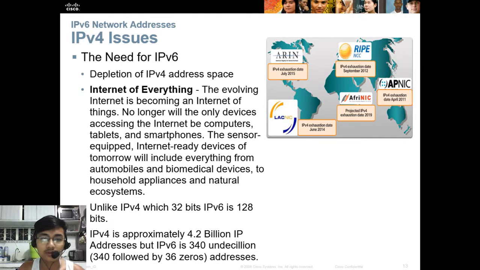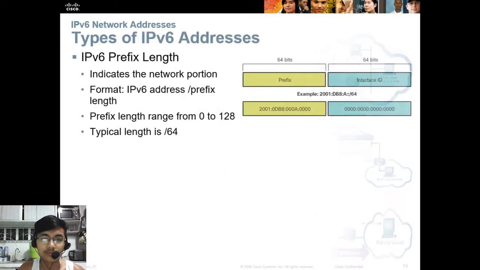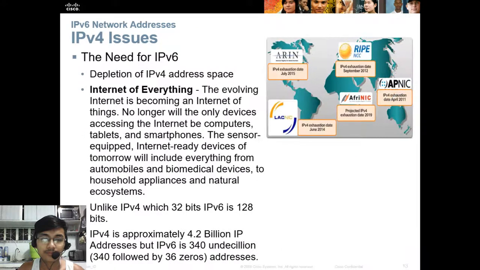It also applies to natural ecosystems. Unlike IPv4, which is 32 bits, IPv6 is 128 bits. IPv4 has approximately 4.2 billion IP addresses, but IPv6 has 340 undecillion, 340 followed by 36 zeros addresses, so that's kind of big.